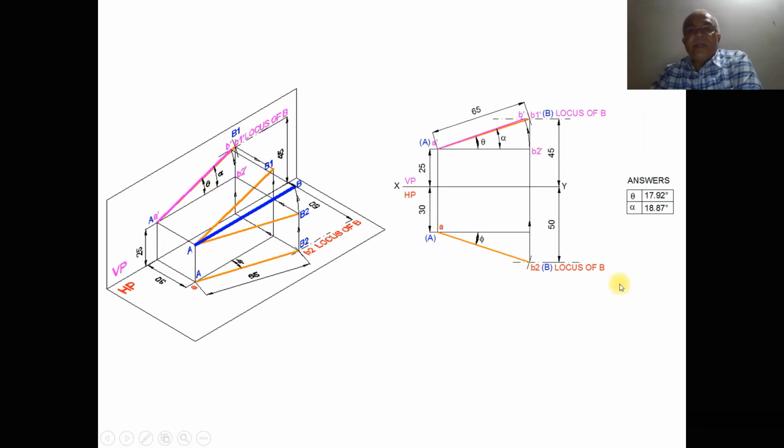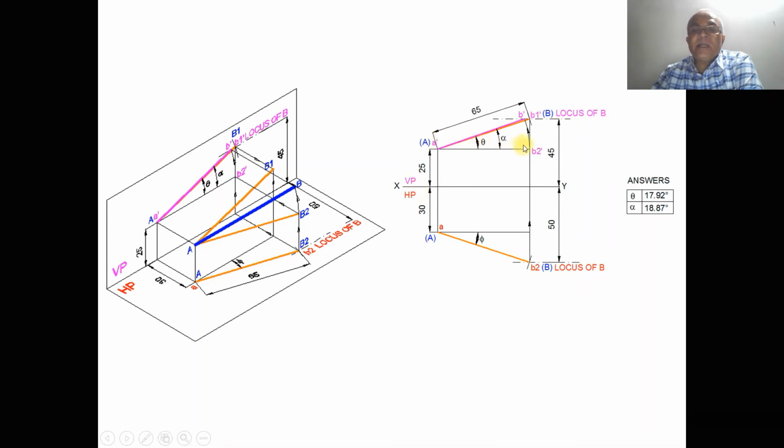Here also we can do that by considering the XY line. Take the top view true length, which is AB2, capital A and capital B. Since this line is in true length, it should be parallel to HP in the corresponding front view, because this is the true length in HP. A dash and B dash are both above HP by 25 mm, but actually B2 is above HP by 45 mm.